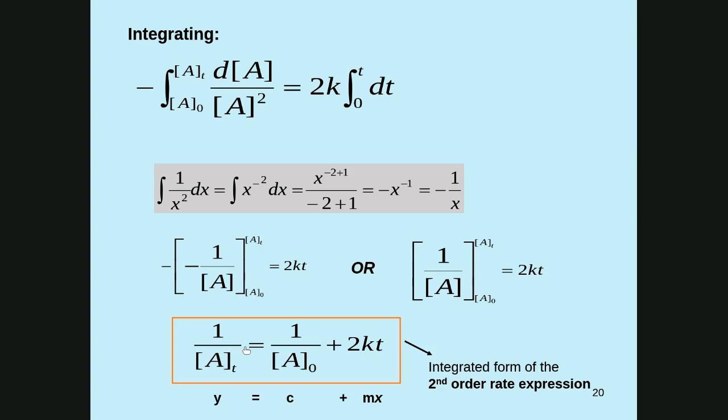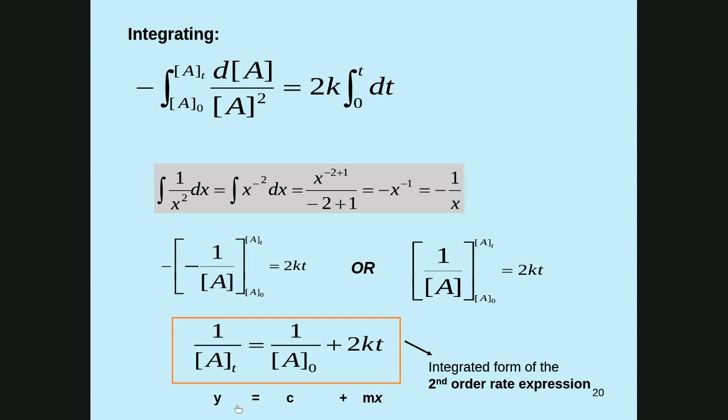The reciprocal of the concentration of A at t, if you call that y, the dependent variable, equals a constant, which is 1 upon the time 0 value, right? Plus a constant, 2k, let's call it m, times the running variable t, the independent variable t, which you can also write as x, right?